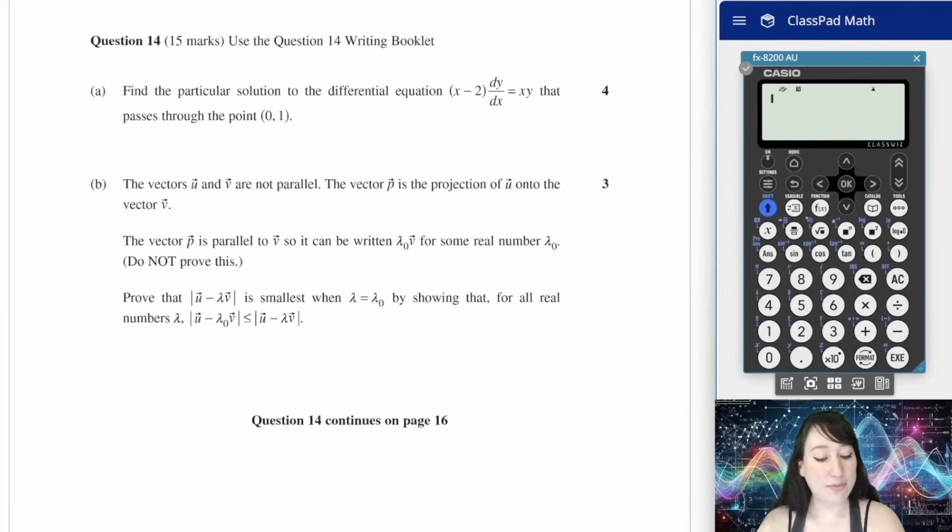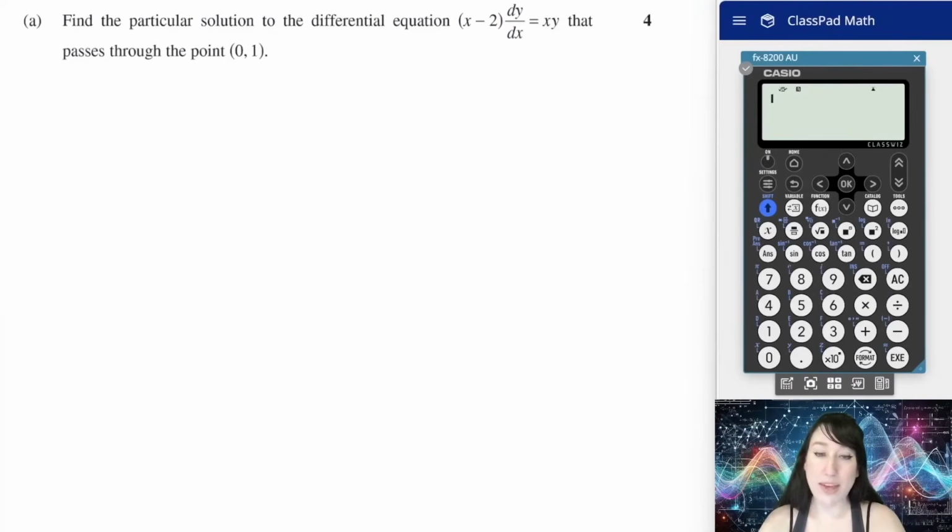Question 14a. Find the particular solution to the differential equation (x minus 2) dy/dx equals xy that passes through the point (0, 1). Okay, we have a differential equation, and it's one that we can solve by separation of variables.